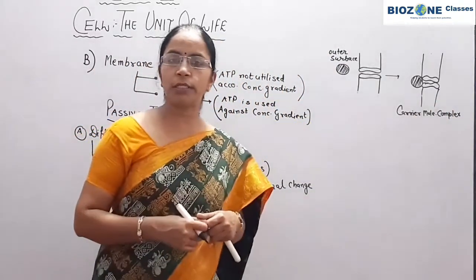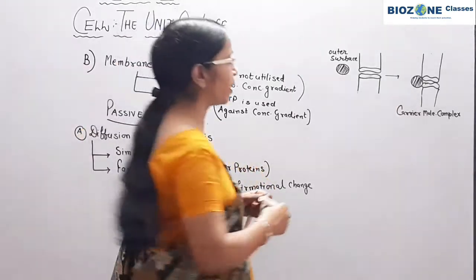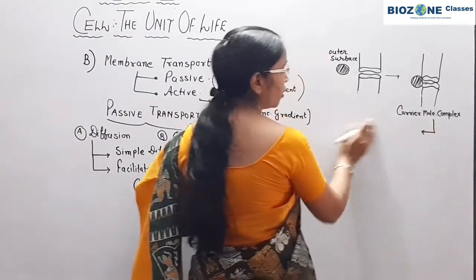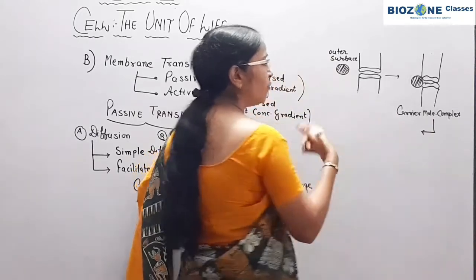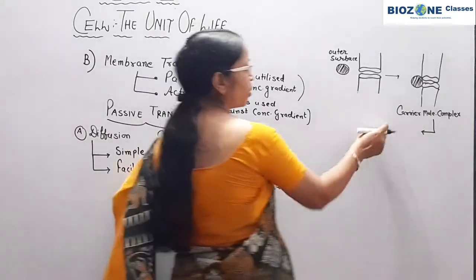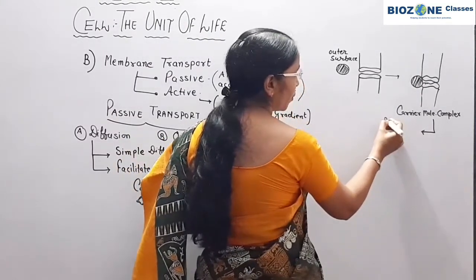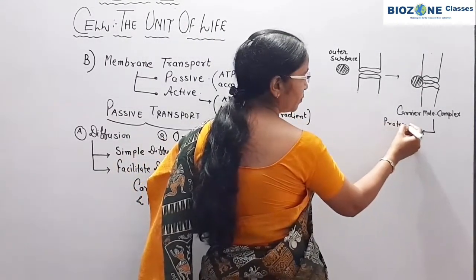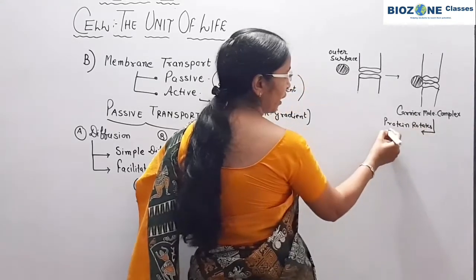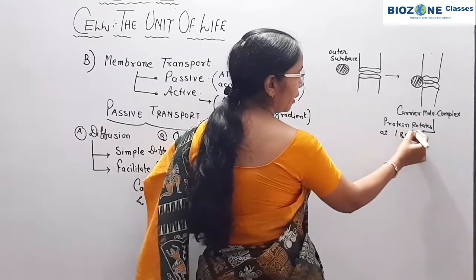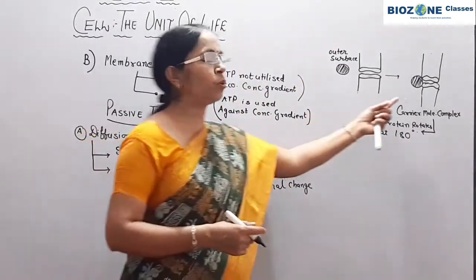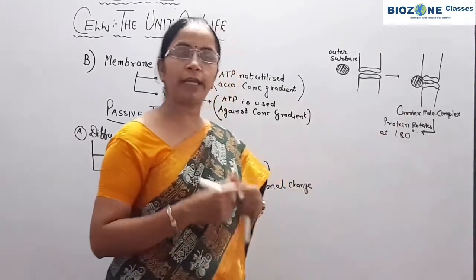If a molecule is there, then a carrier molecule complex is formed. This is followed by a conformational change in the carrier protein. That means the protein molecule rotates at 180 degrees along with that molecule.